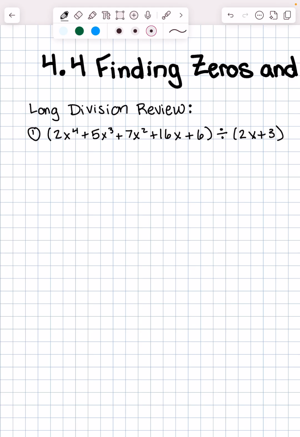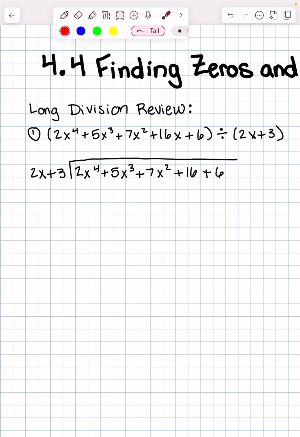Okay, so we're just going to do a little bit of long division here. So again, what we're dividing by goes on the outside. So 2x plus 3, and then we draw our little box here and put this first polynomial on the inside of that box. So 2x to the fourth plus 5x cubed plus 7x squared plus 16x plus 6, okay?